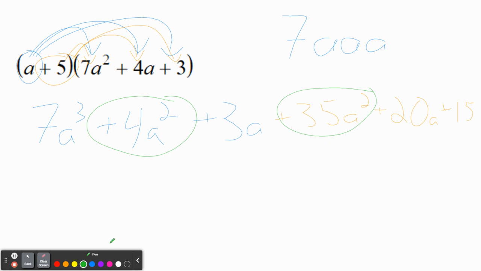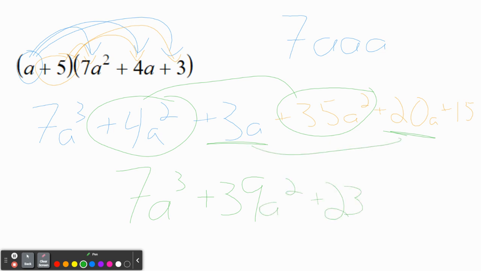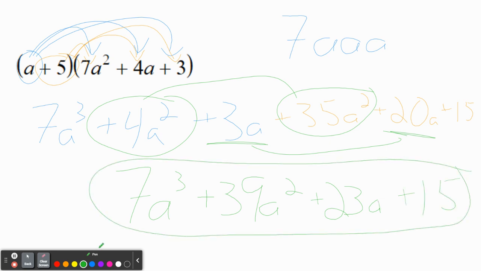I also see 3a and 20a, and I think that's going to be it, leaving us with 7a to the third power plus 39a squared, because 4 plus 35, plus 23a, because 20 plus 3 is 23, and then plus 15. There we go. That's our final answer for this one.